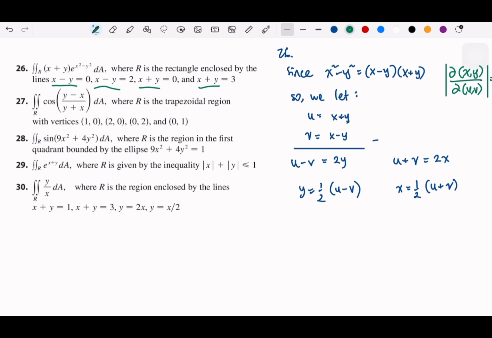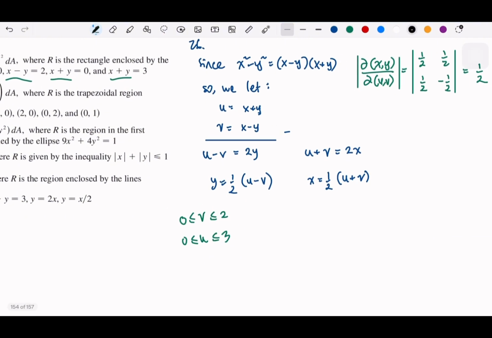So it's directly giving you the u and v. For example, v is from 0 to 2, and u for x plus y is 0 to 3. So you're given the endpoints directly from this linear equation.